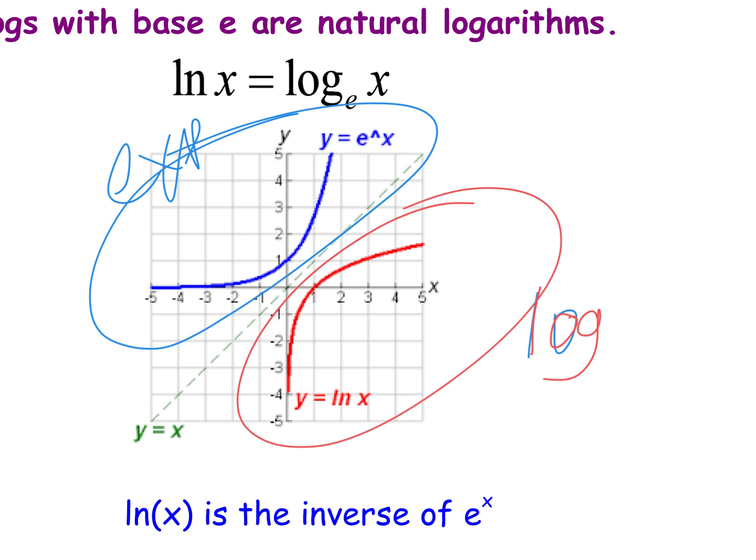They undo each other, just like add and subtract undo each other. Square roots and squared undo each other. Logs and exponentials undo each other, and their x and y switch around. So if you see this has the point 1 comma 3 on it, this one would have the point 3 comma 1 on it.